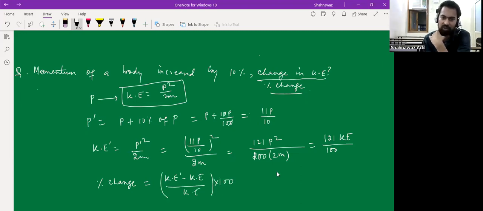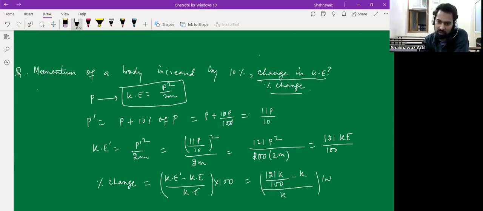So it is 121K by 100 minus K, by K, and then into 100. So this is 21K by 100K into 100. Yes, so this is 21%.